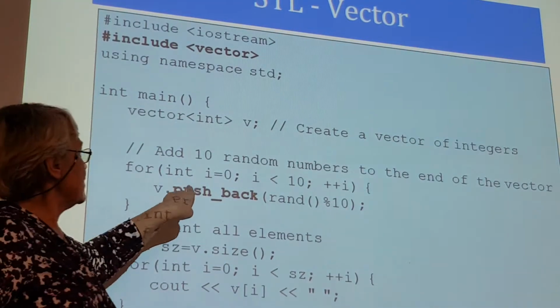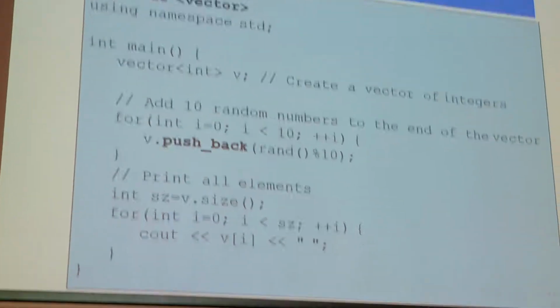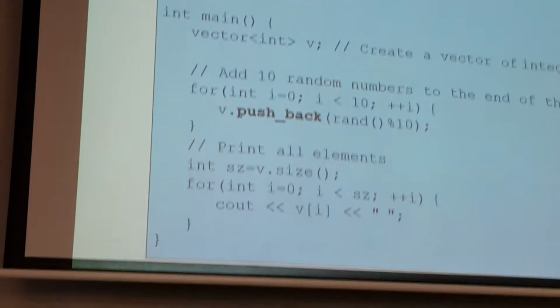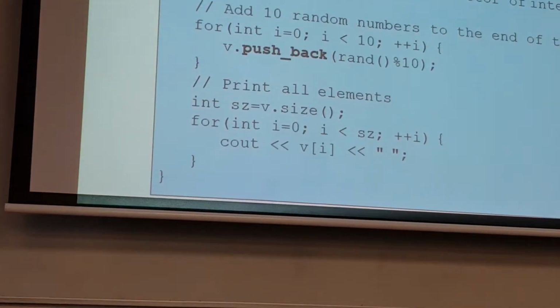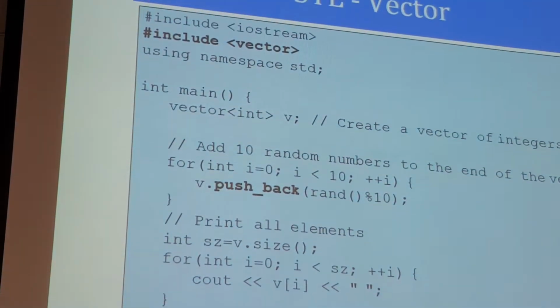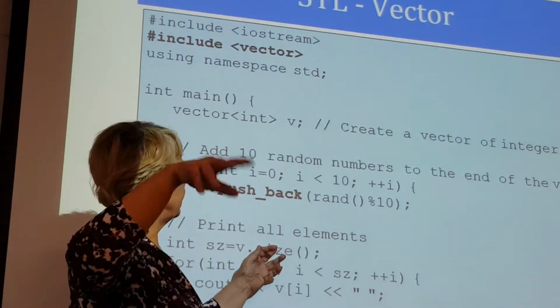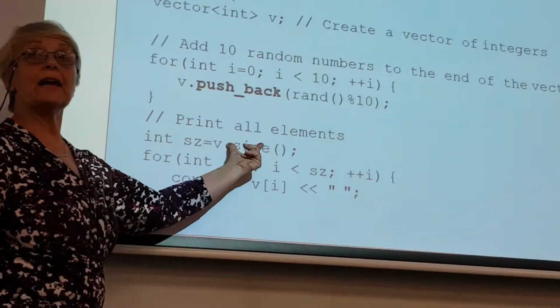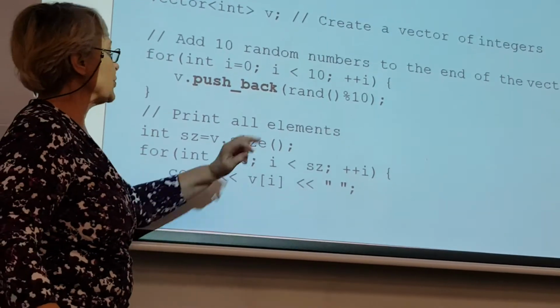The best way is to use push_back, because this method deals with memory allocation when we are pushing back more elements than were allocated at the beginning. Now, as I said, a vector comes with a lot of information about itself. It knows how many elements are there, the size.